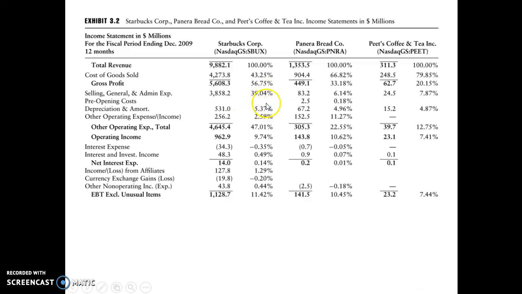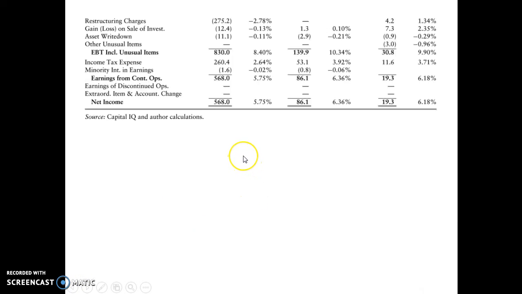We can do the same thing with other line items. Depreciation, we take that and divide by total revenue. We see 5.37% for Starbucks, and we can do that all the way down. When we go to the second page of the common size income statement, we get to the bottom line and we'll see that Starbucks, although they had the largest dollar amount of net income compared to the other two competitors, their percentage of net income was actually the lowest of the three.